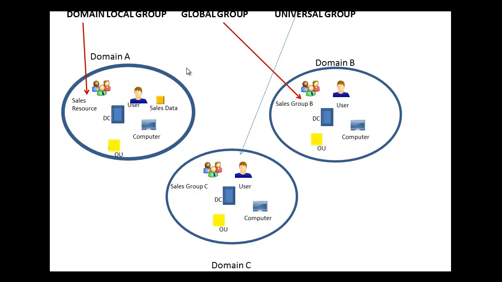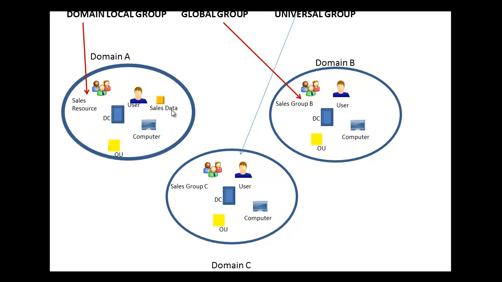Let's look at this scenario as it relates to group scope and group type. You have three domains: domain A, domain B, and domain C. Let's say in domain A, we had a folder, and the folder is called sales data.